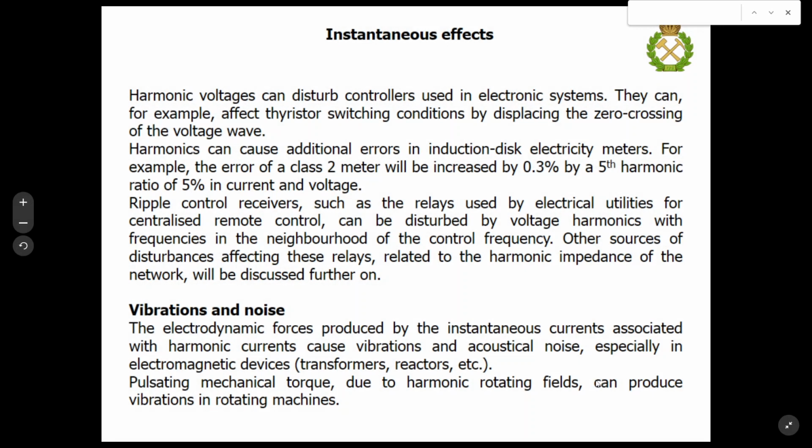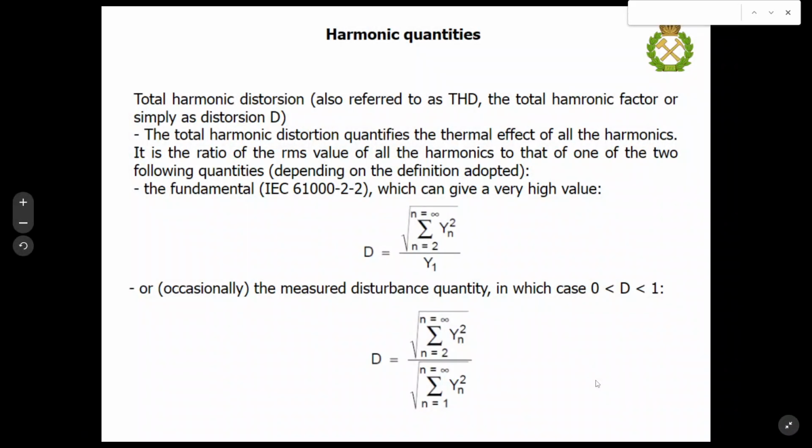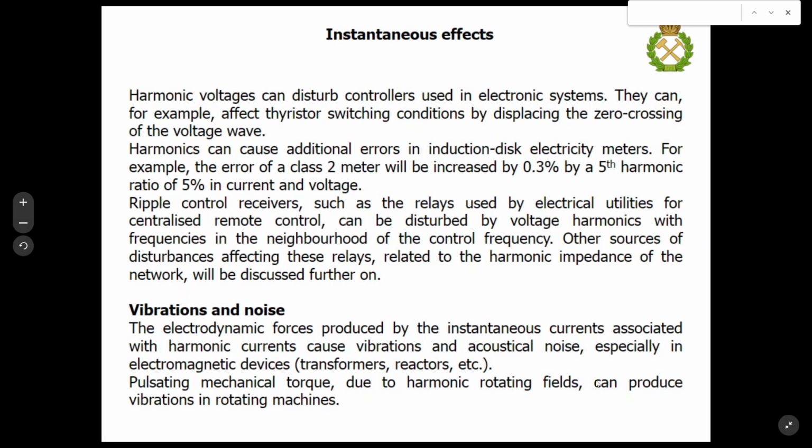And now let's consider some effects which are caused by harmonics. And here we have two main groups of effects. The first group is the instantaneous effects, which reflect some short-time effects in power equipment, in power supply systems.